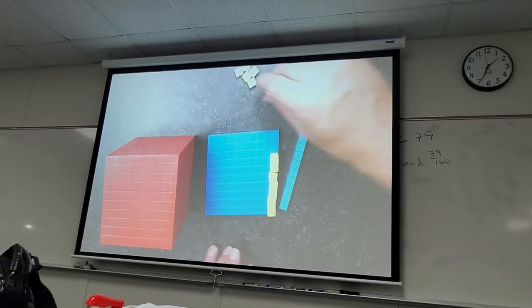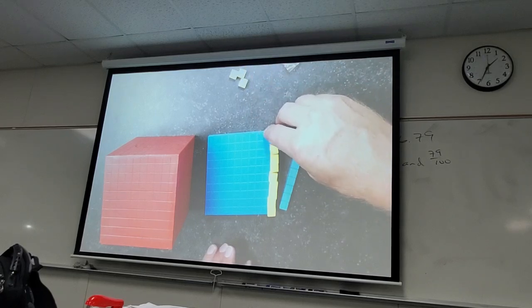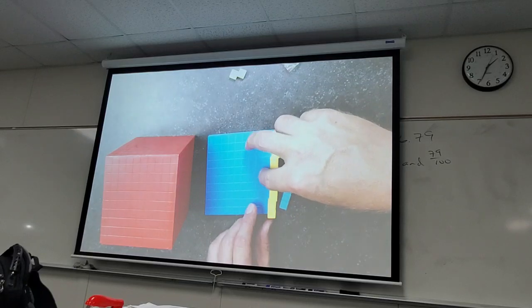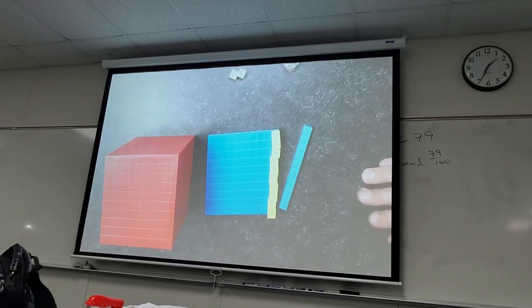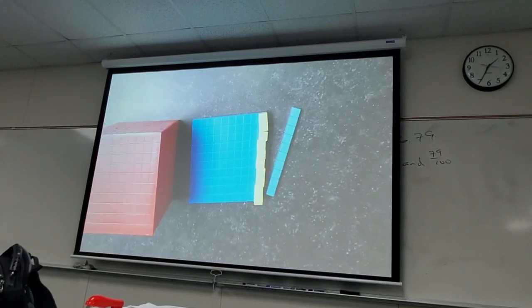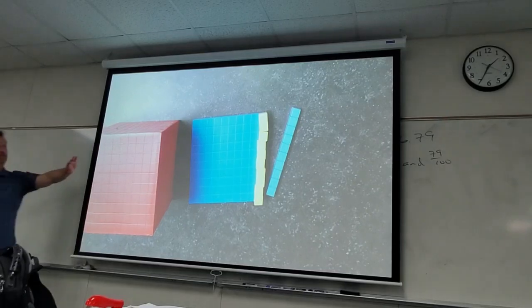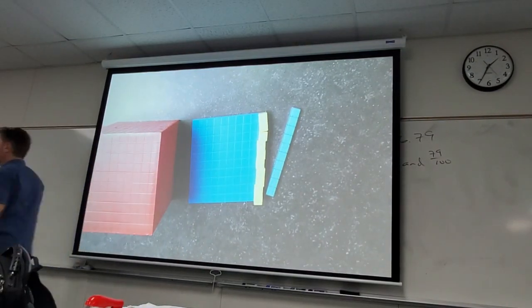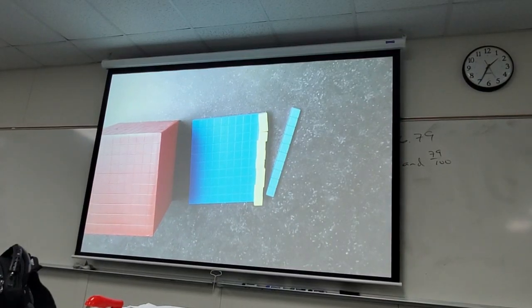Okay. So real quick, what is this? 110. All right, if you go along with what we were doing, that would be 10 tenths, right? That's 10 tenths.